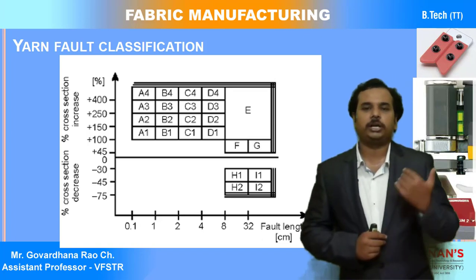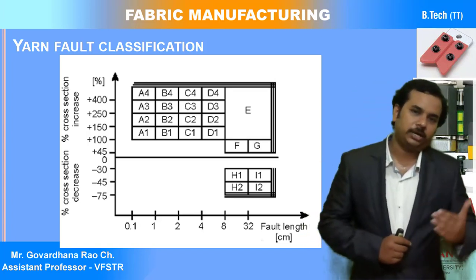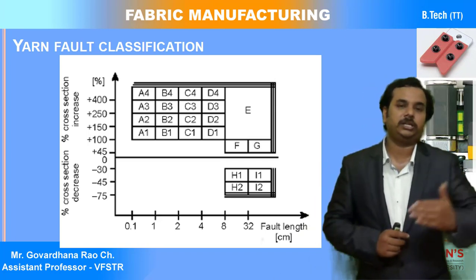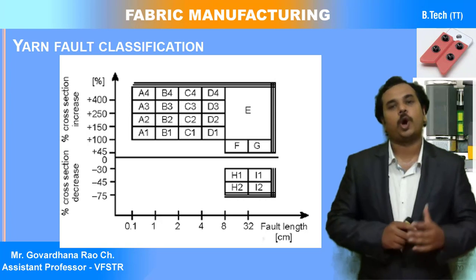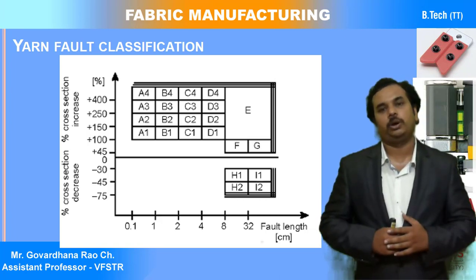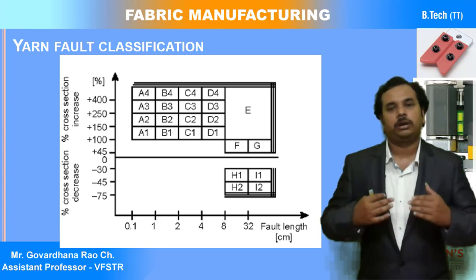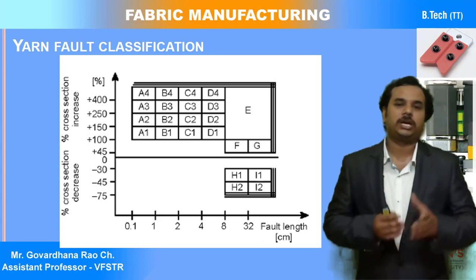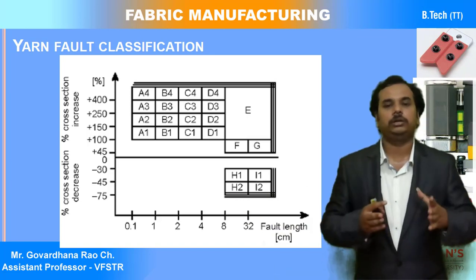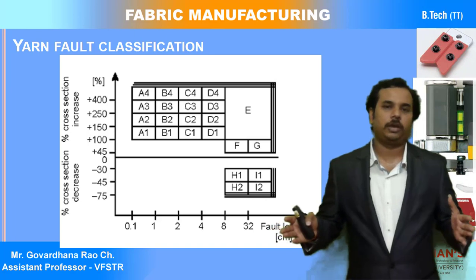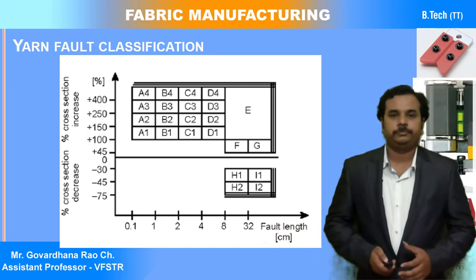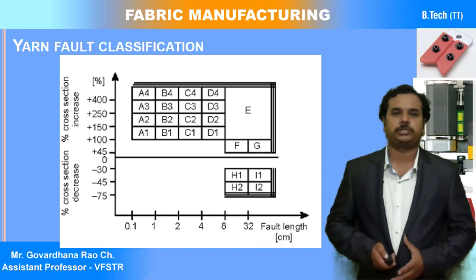So if the fault length is above 32 centimeters and the diameter is plus 100%, then you can say that this is a long thick fault. Now you can see on the minus side also H1, H2, I1, I2, which are the long thin faults. So this is how the yarn faults are classified. We will move on to the next one.